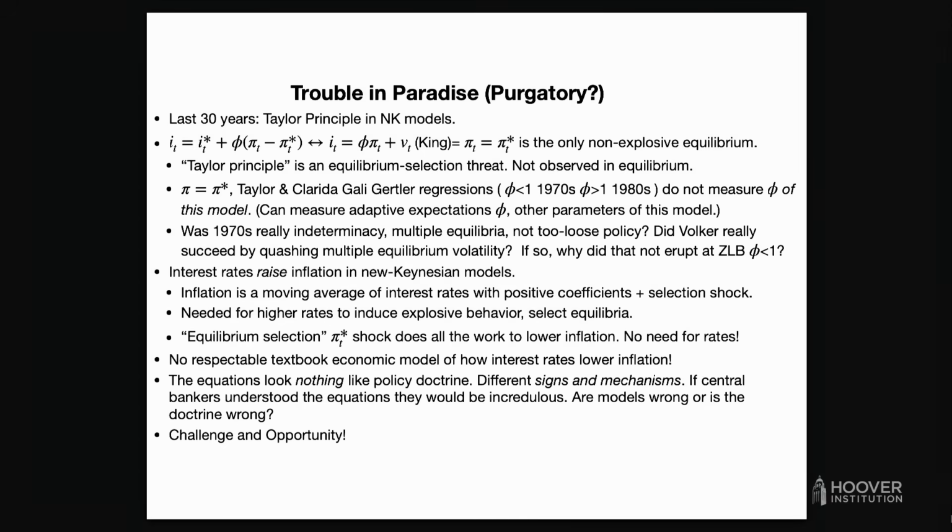Rich Clarida did some of the fantastic work, as well as Bob, as well as John, showing how the Fed followed phi greater than 1 in the 1980s, but that doesn't measure the phi of this model. It measures the phi of the other model, but not the phi of this model. And ask yourself, really? Do central banks do equilibrium selection by threatening hyperinflation? As we have some central bankers here, is that your central job?